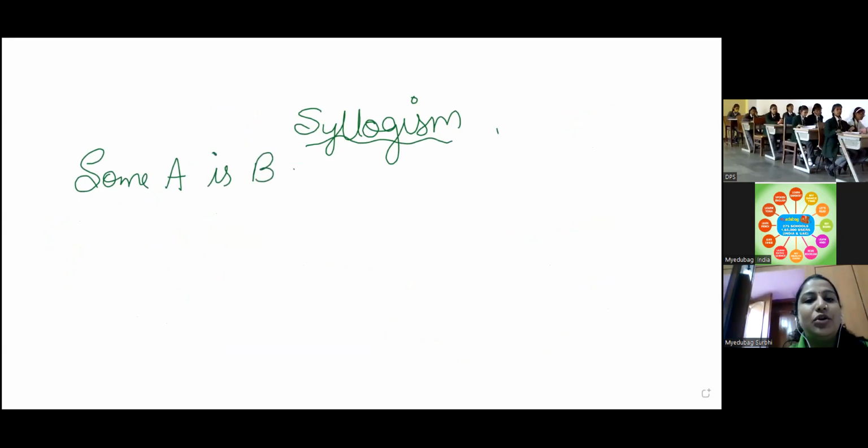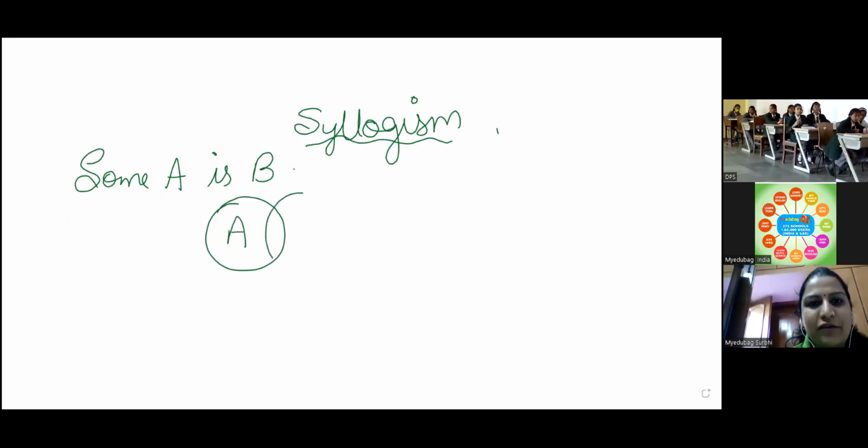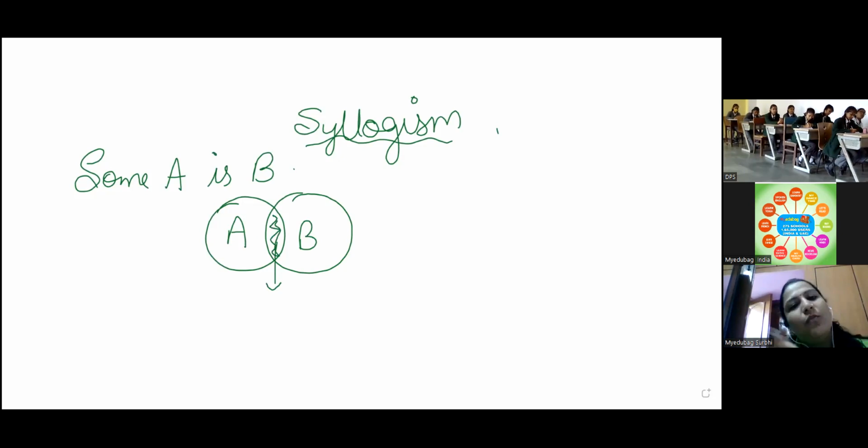So how are you going to draw this? You'll draw one circle of A and one circle of B, and they are overlapping each other. That means some part of A is in B, right? Which part is that? This center part, because it is common in both the diagrams. So we have to draw it like this. Some A is B.